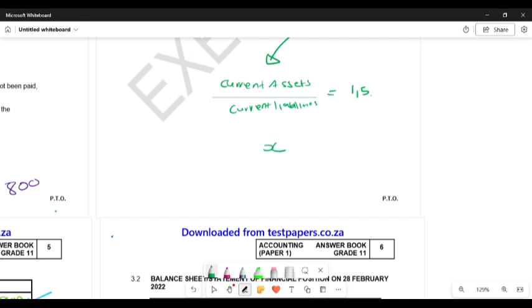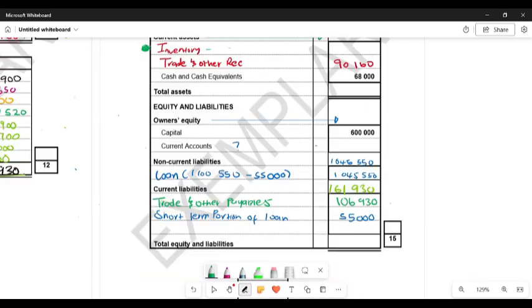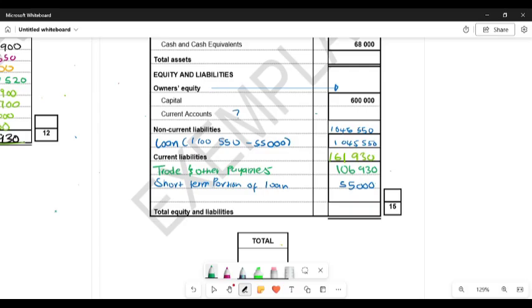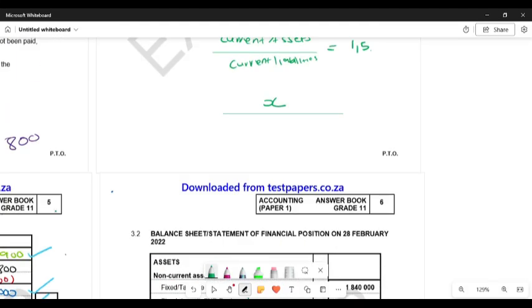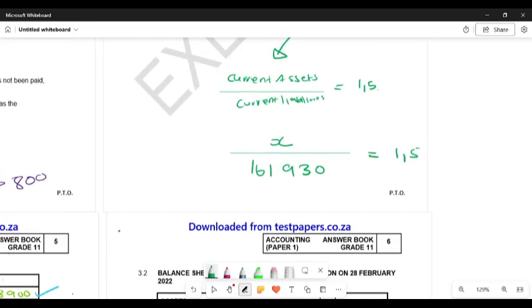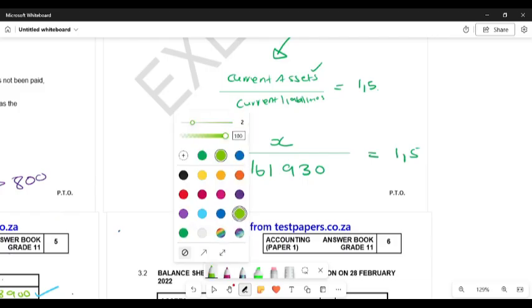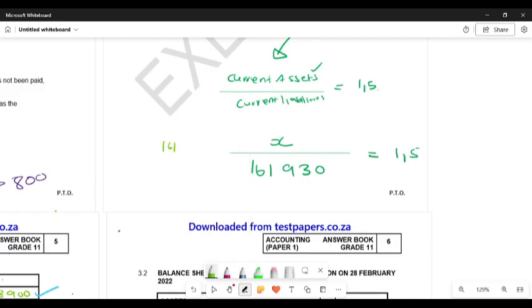So my current assets, which is what I'm trying to solve for, my current liabilities balance is 161,930, right? And I said this is equal to 1,5. Now I need to solve for x. And what is x? X is my current assets balance, right? So solving for x, I'm going to multiply both sides by this 161,930, so that these two could cancel out.